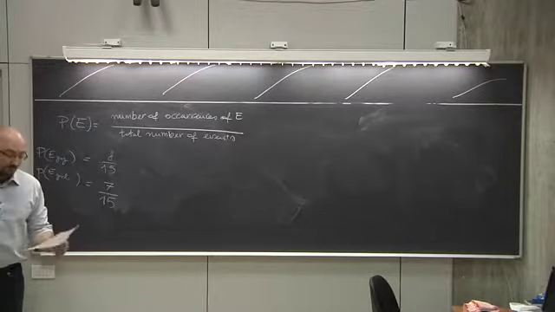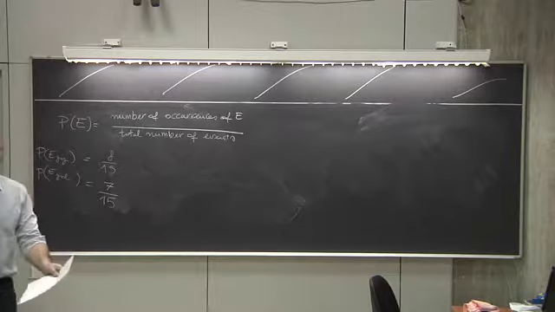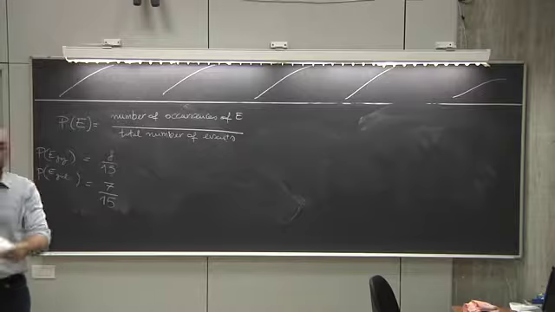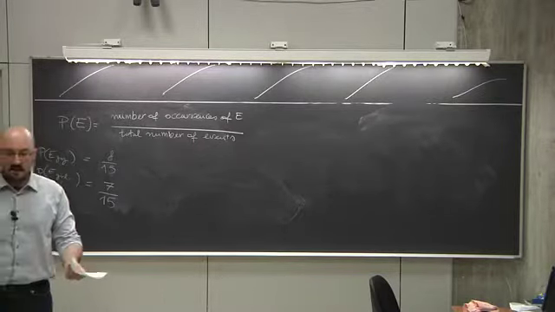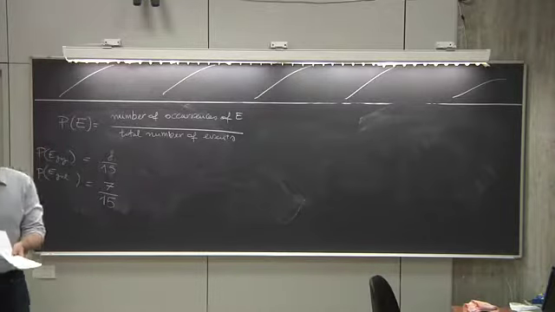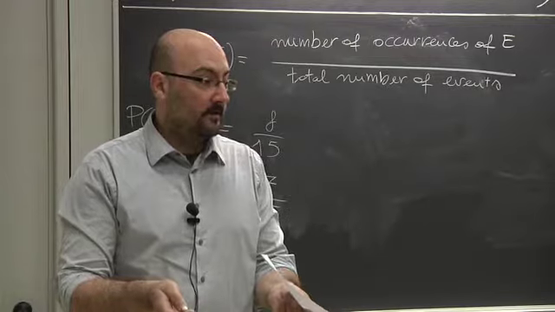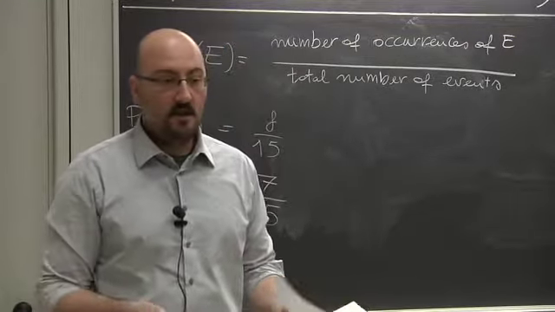Or for example, if I have a box and I have red balls and black balls, or white balls, black balls, whatever colors you like, 2 colors. I know the total number of balls in the box, and for example, I can count how many of them are red, how many of them are white.